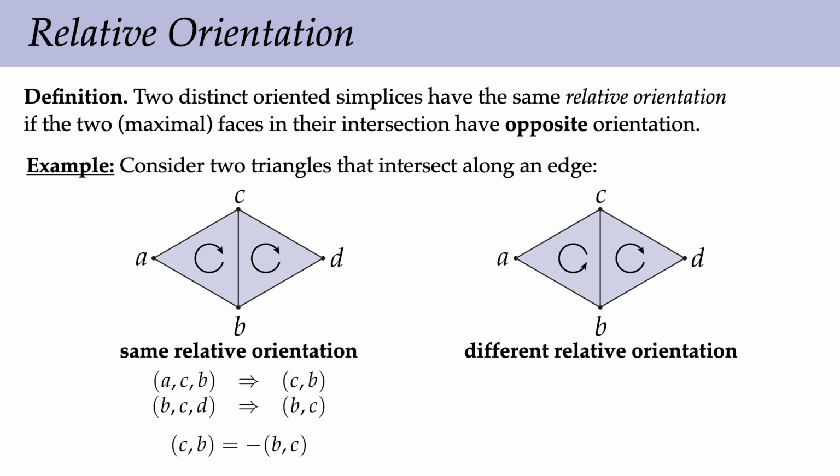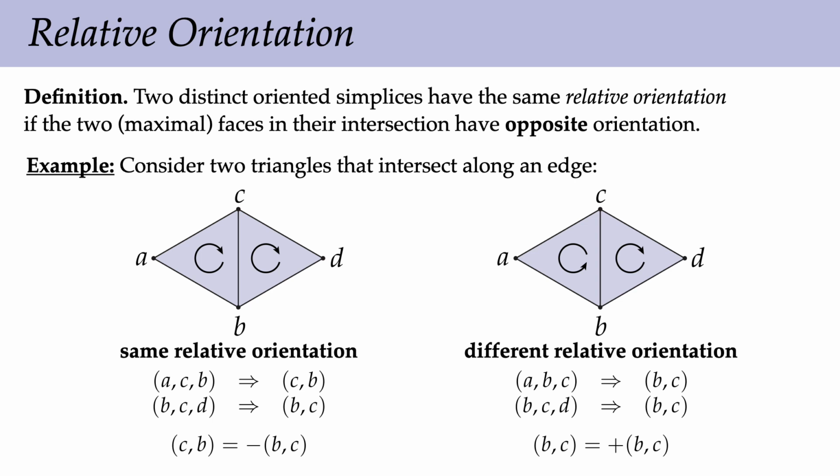Right? And you can kind of see from the picture this is the right idea. If they have the same relative orientation, that means in this case both triangles are going clockwise. Okay? Similarly, if I write out the triangles for the other oriented simplicial complex, I see that the shared edge has the orientation BC in both cases, and well, BC is the same as BC, so these actually have different relative orientation.